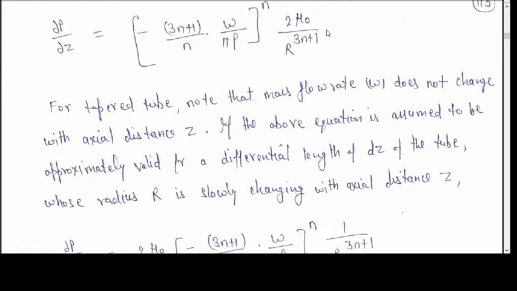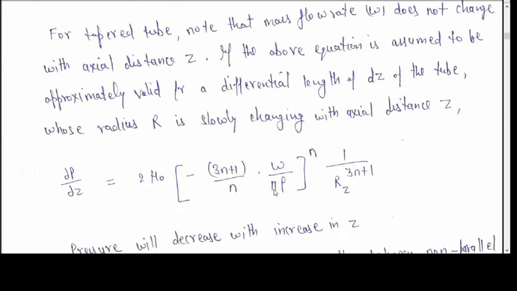Here R is getting changed with respect to z, so we have put a suffix z, the instantaneous value of R. This pressure will decrease as z increases. As you move to the exit side, your R will keep on decreasing and therefore pressure will keep on decreasing.